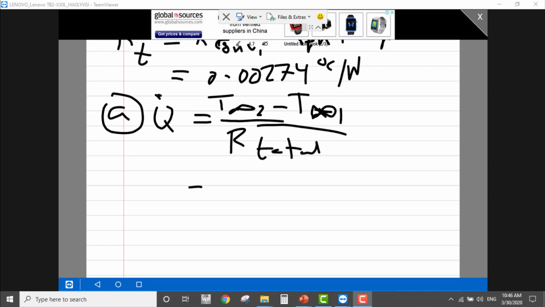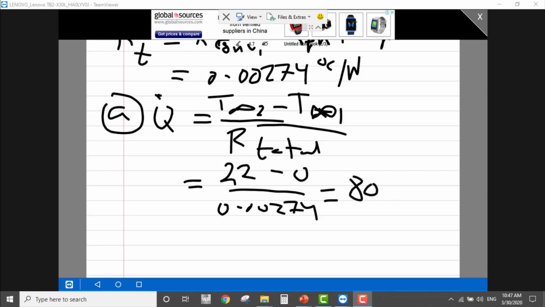Why do we start with T infinity 2? Because heat will transfer from outside to inside. So this is 22 outside minus 0, divided by 0.00274, and this is equal to 8029 watt, or joule per second. This is the first requirement.